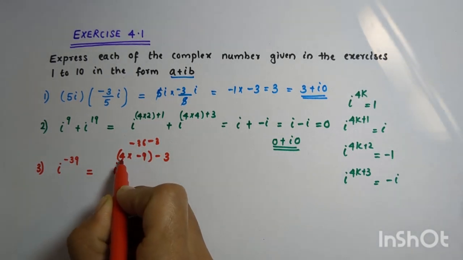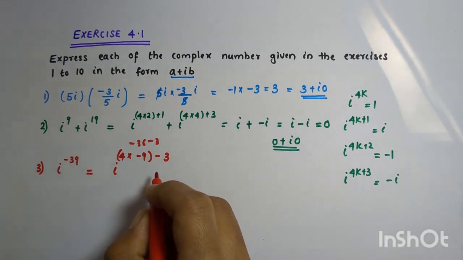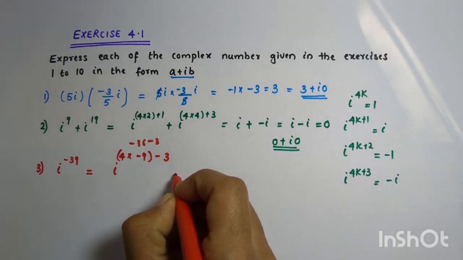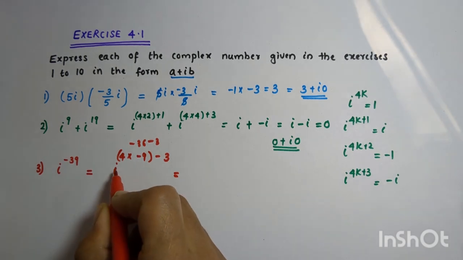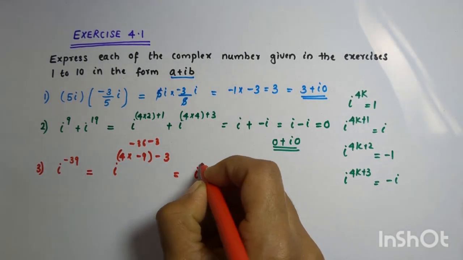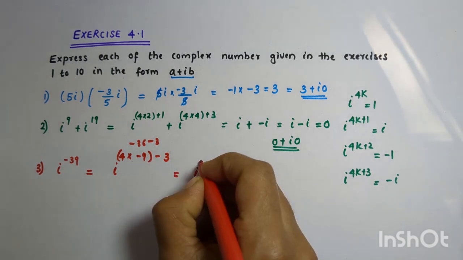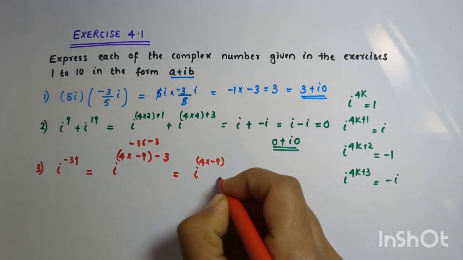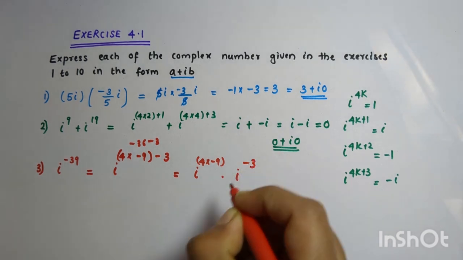So i raised to 4 into minus 9 minus 3 can be written as i raised to 4 into minus 9 into i raised to minus 3.